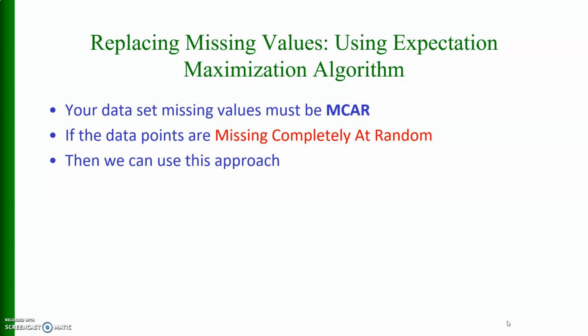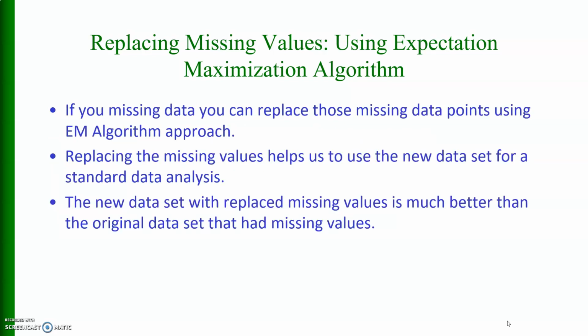If the data points are missing completely at random, then we can use the EM algorithm approach, and that may enable us to replace the missing values, which we can use for data analysis.